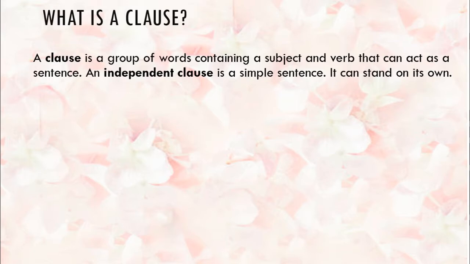So you can easily understand that a clause is a group of words in which we will have a subject and a finite verb. Right. So an independent clause is a simple sentence. It can stand on its own. So these clauses are of two types: independent and dependent.